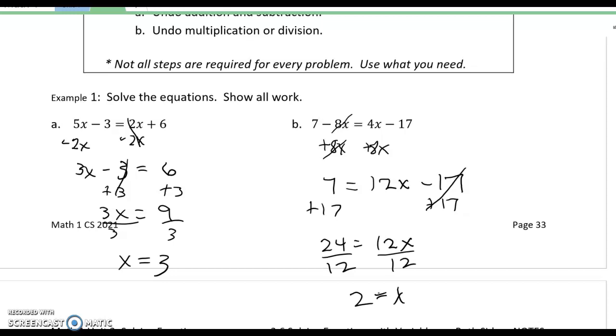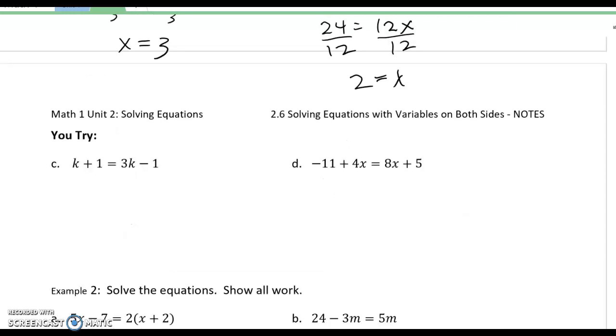Once we got x equals 2, then we know that we are done. Now let's see what you can do with part C and D.